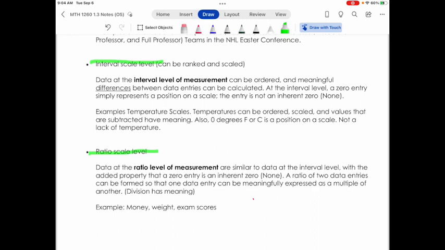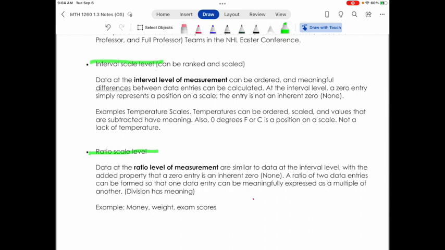So there is a difference between an inherent 0 and a non-inherent 0. The interval scale is data that can be ordered and the differences between the entries can be calculated, but the 0 is really just a position on a scale.